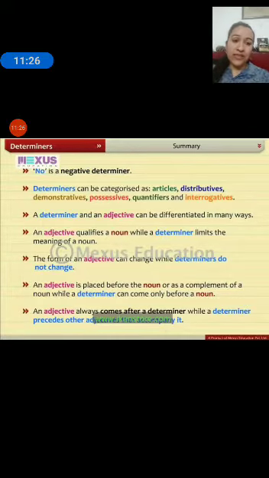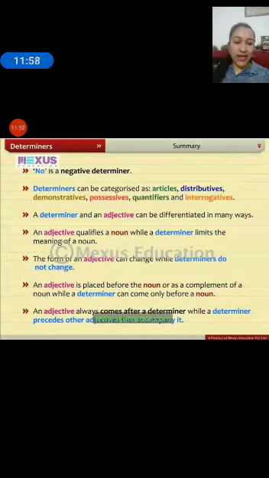Other than these 5, the adjectives that are used for uncountable nouns are not determiners. Okay, they do not fall under the category of determiners. I hope you understand it thoroughly. If you have any doubt, feel free to ask me. Okay, we will discuss all your doubts in our class.